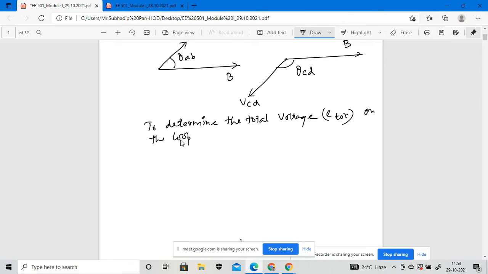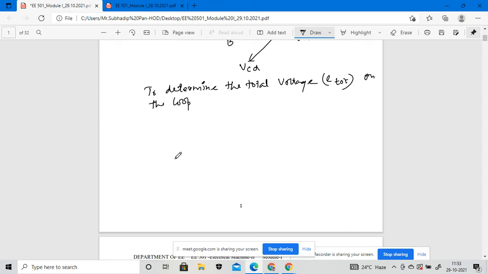If I write the equation like this, E induced equals V into B into L. Suppose this is my equation 1.